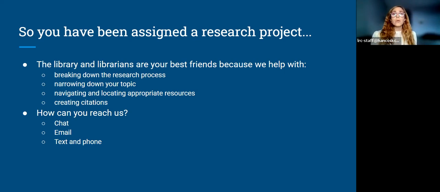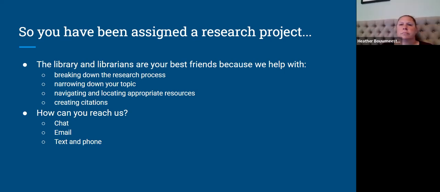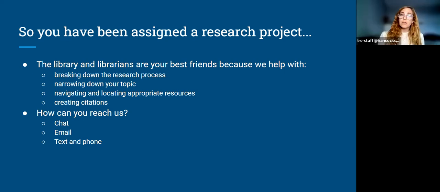When you've been assigned a research project, know that the library has many, many resources, including librarians and staff who, librarians specifically, will be able to help you break down the research process as well as your research assignment, which would include narrowing your actual topic. Sometimes we start very broad, and as we research along, we discover that there are certain areas that we want to dig a little bit deeper. That ends up being our actual focus within that big umbrella of a topic.